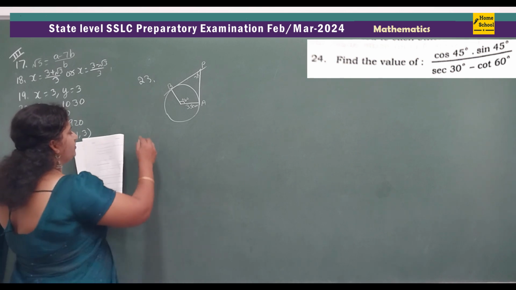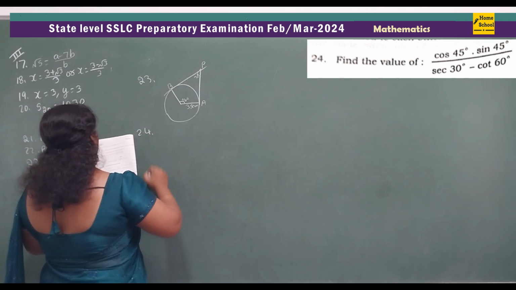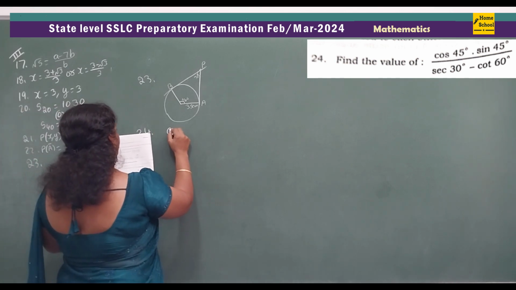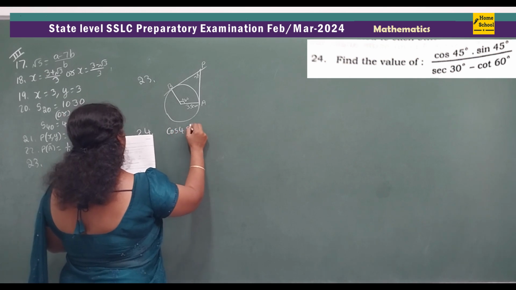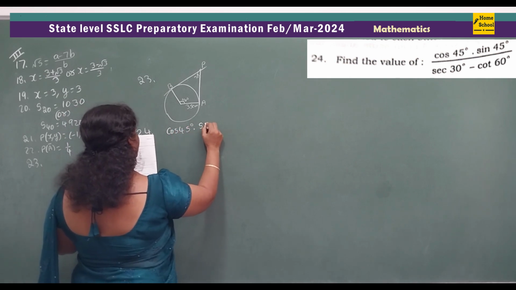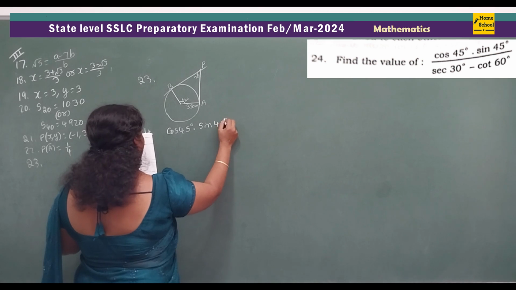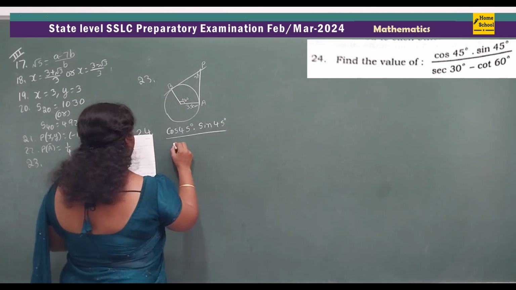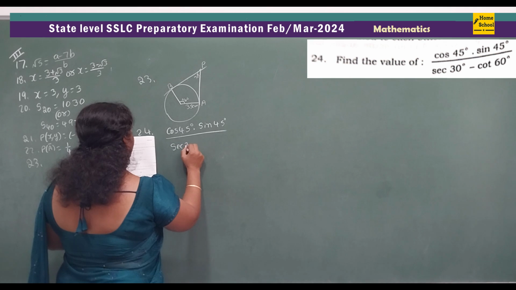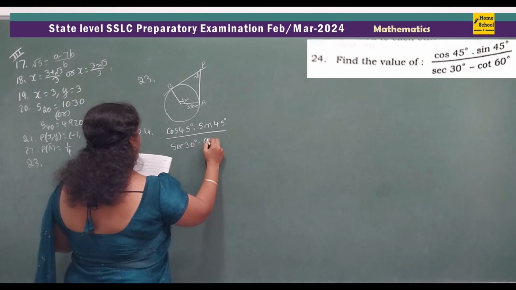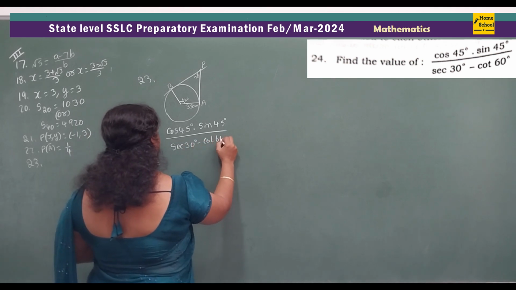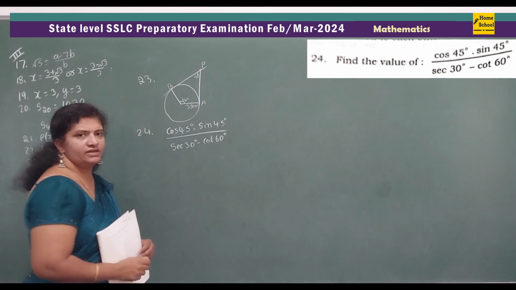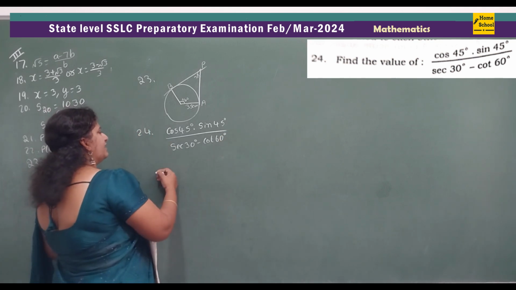And coming to your 24th one, find the value of cos 45 degree into sin 45 degree by secant 30 degree minus cot 60 degree. Right? By using the ratio table you can say the direct value.